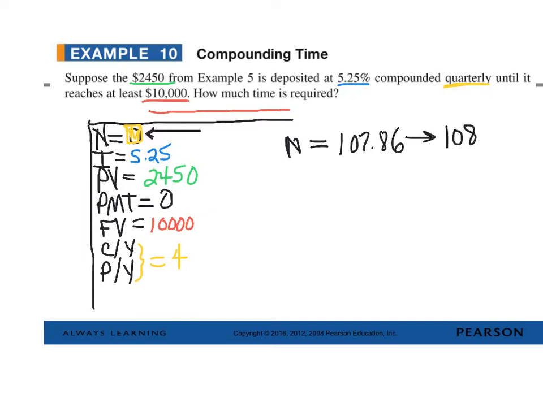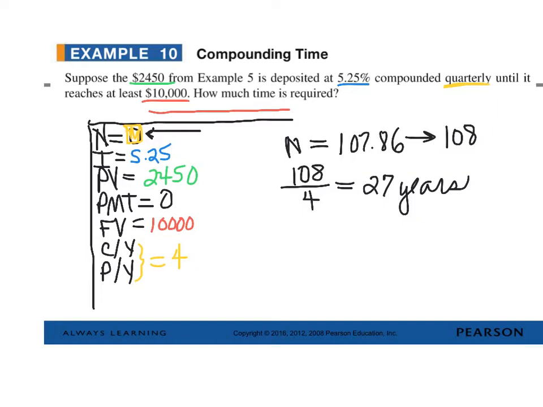So that means it's going to take 108 quarters, and since there are 4 quarters in a year, we'll divide that 108 by 4, and we will get 27 years as the time it takes to have $10,000 from an initial deposit of $2,450 at 5.25% interest compounded quarterly.